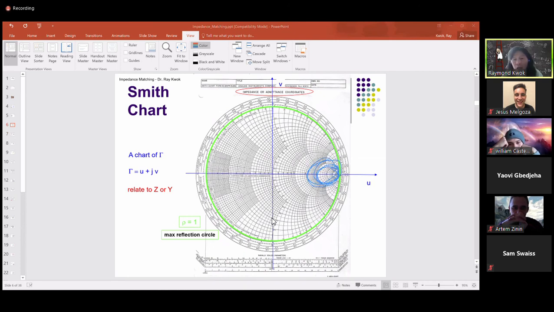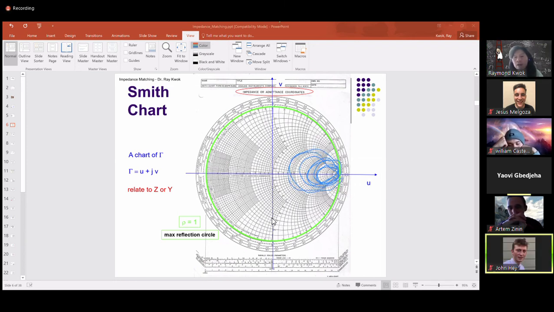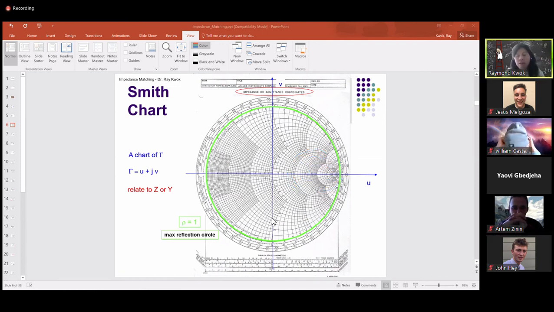Those are called constant resistance circles. That means if I look at one circle, any point on the circumference of this circle has the same constant resistance. The imaginary part will change, but the real part, the resistance, stays the same if I stay on the same circle. Right? So, got a question?